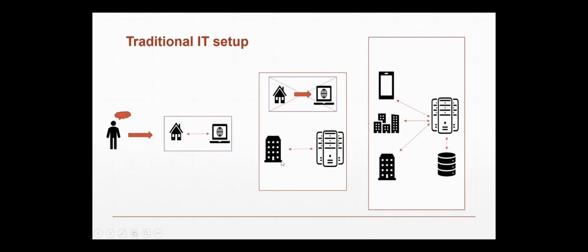For example, when the match starts, people start to stream in, and as soon as the match is done, all the traffic moves out. This is okay because I know when the traffic will start and when it will end. But in the case of a startup or a business that is scaling up, you don't know how fast it can scale or how many users you will get at a certain point in time.